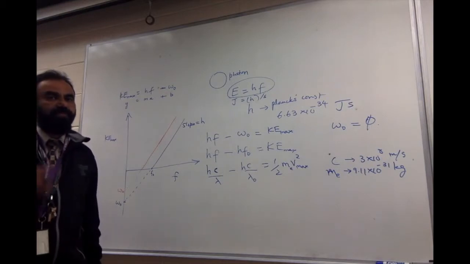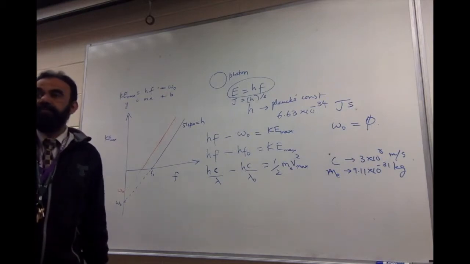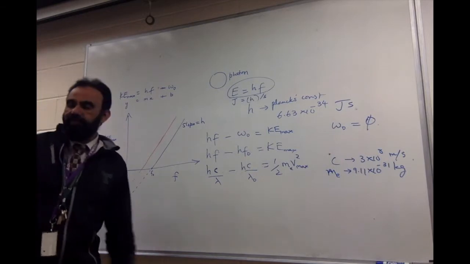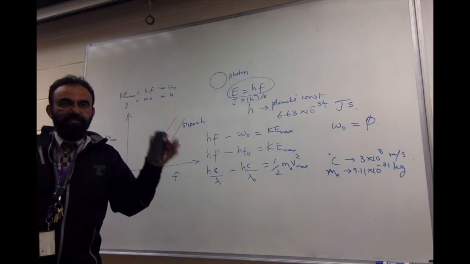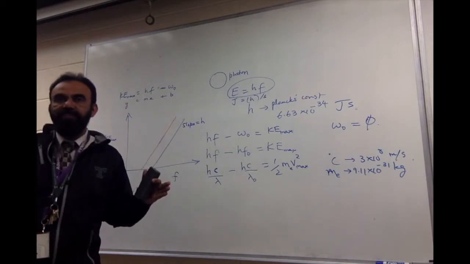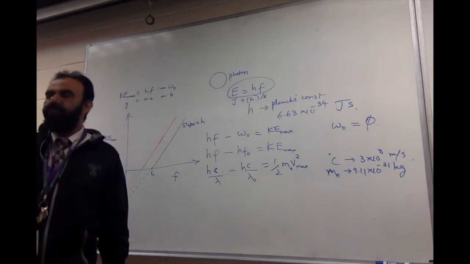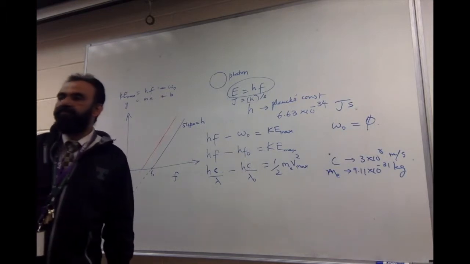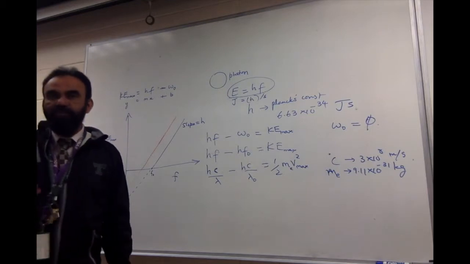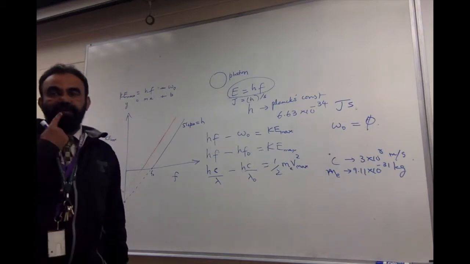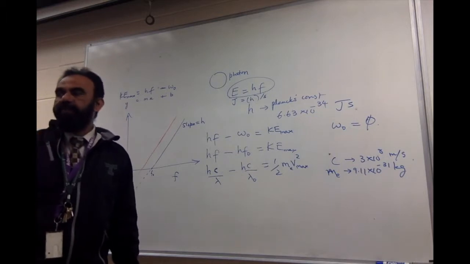When you try to stop something, you know how much energy you spend. For example, if your car is moving with a kinetic energy of say 10,000 joules, how much work should you do to stop it? Negative 10,000 joules of work in order to stop it.